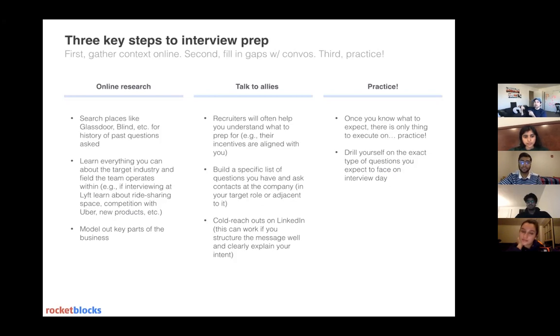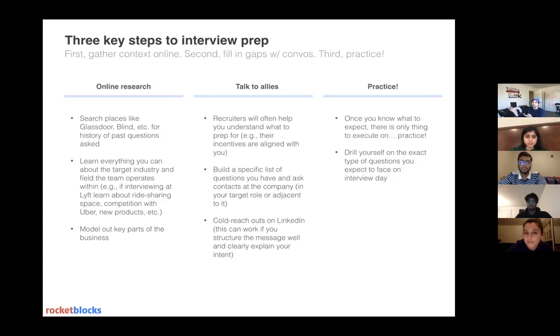It really helps to say, give me a technical question and let me go through the motions, and then let me look at what a good answer looks like. Or, give me a product design question. Same thing for product design questions. It probably won't surprise anyone on this call, given that I run a company that does this, but that's basically what RocketBlocks is built to do. We're essentially trying to provide a digital gym for interviews so that you can go through the motions and build all the different skills that matter.